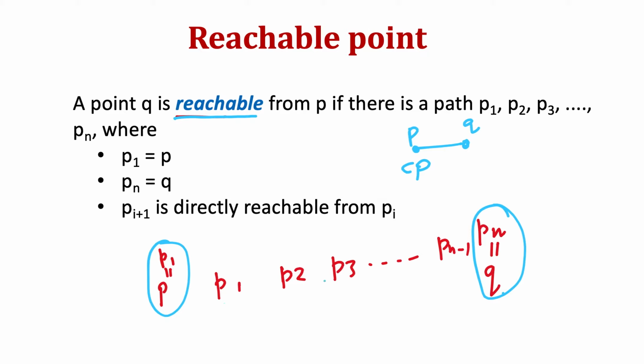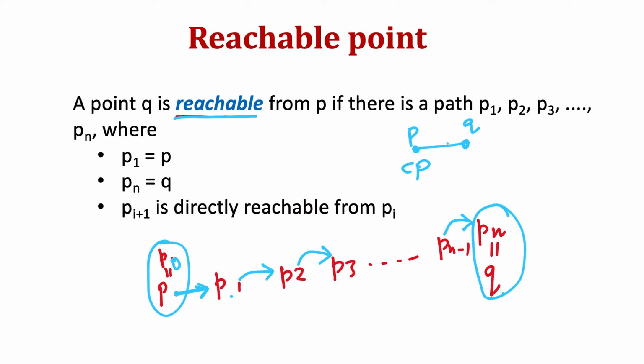But here there can be many points between P and Q, and the condition is that all of them have to be directly reachable. So P2 has to be directly reachable from P1, P3 has to be directly reachable from P2, and similarly Pn has to be directly reachable from Pn minus 1.